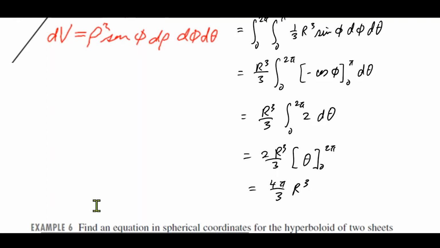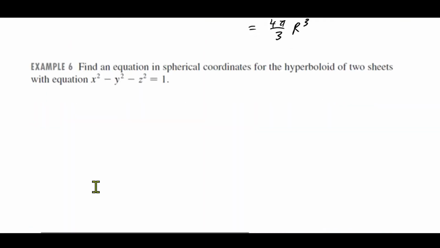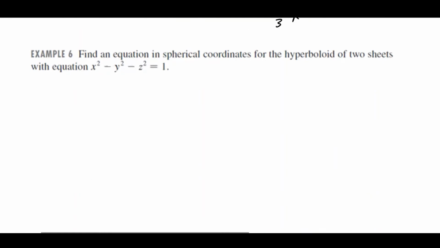Okay, now, suppose we have this, and we want to convert this into spherical coordinates. This is ugly. Okay, let me remind you, x is equal to rho sine phi cosine theta, right?